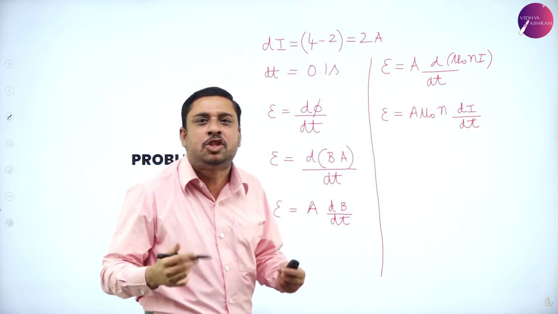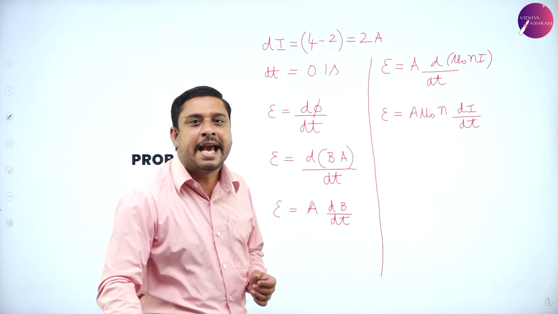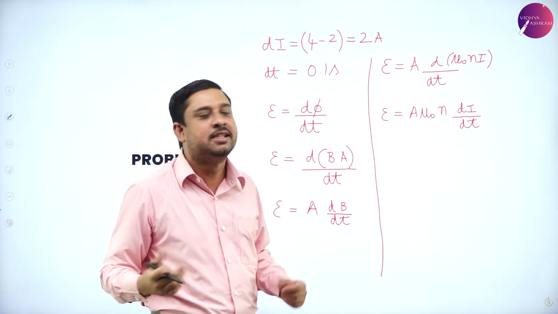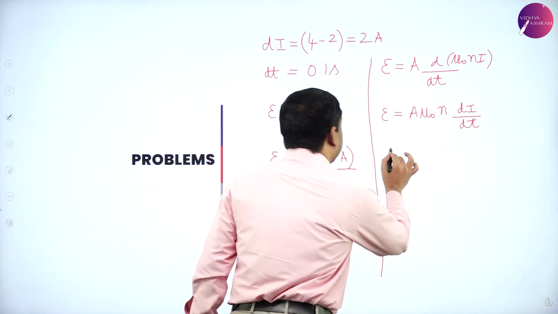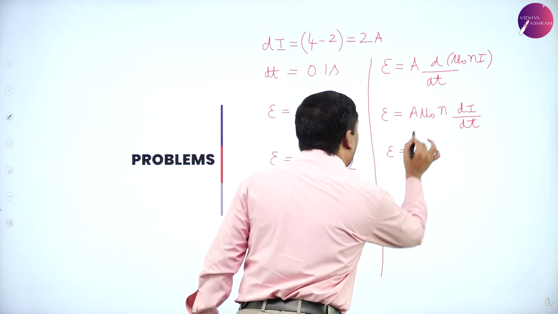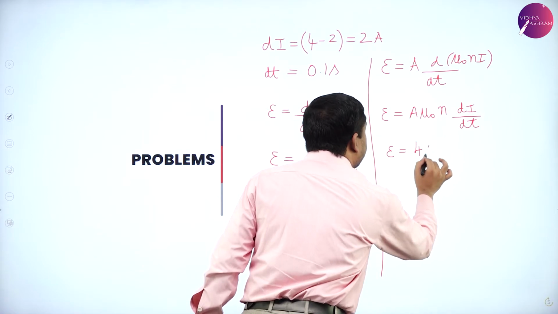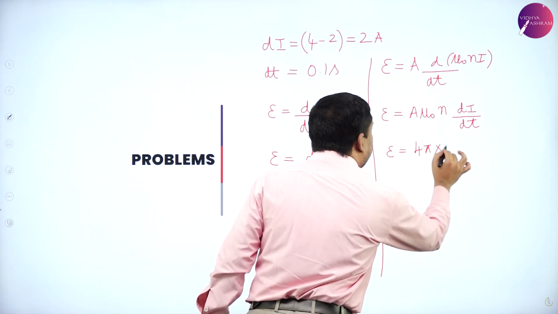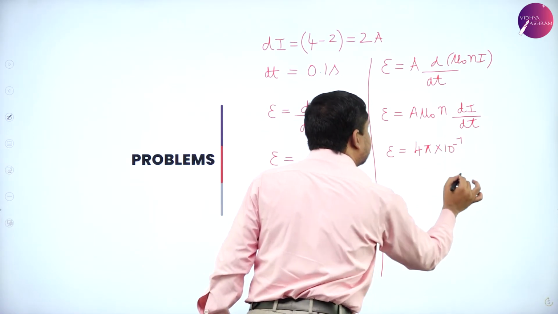Simple rearrangement of expressions. Or this is equal to mu naught is 4 pi into 10 power minus 7.